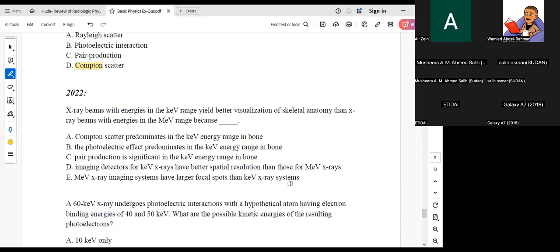We need to not just memorize the answers. One piece of advice, this is how we learn physics: we memorize graphs, we don't memorize equations.